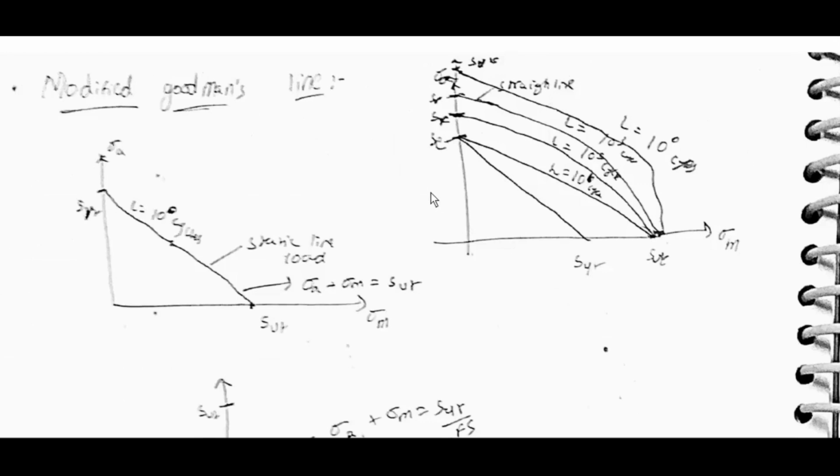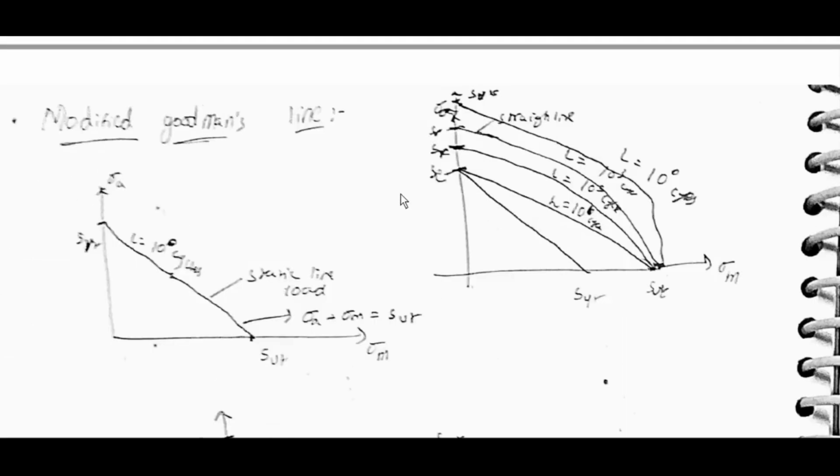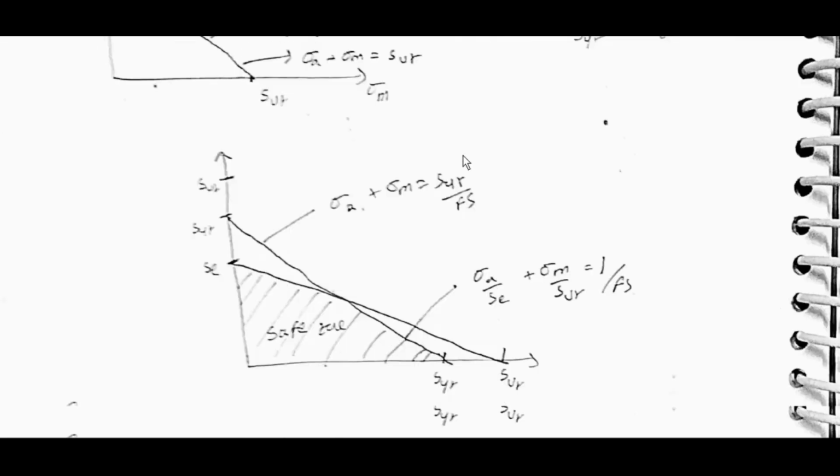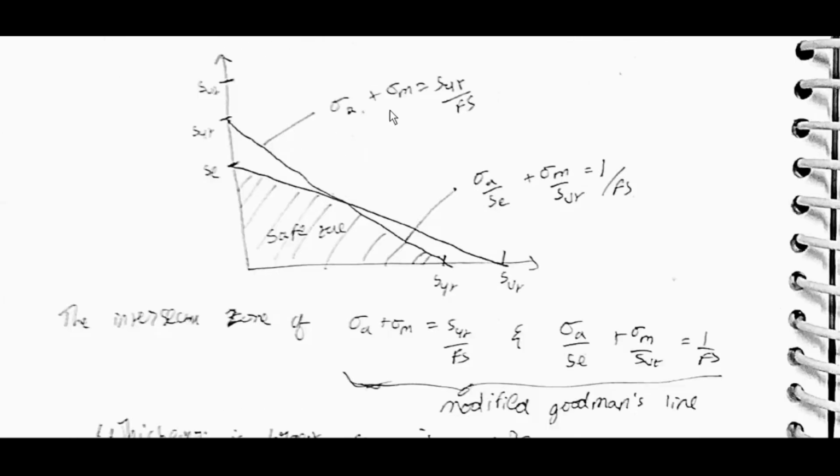Modified Goodman's line. Here, sigma A against Syt, Sut, the static load line, Syt, Sc, Sut. Sigma A plus sigma M is equal to Syt by Fs.